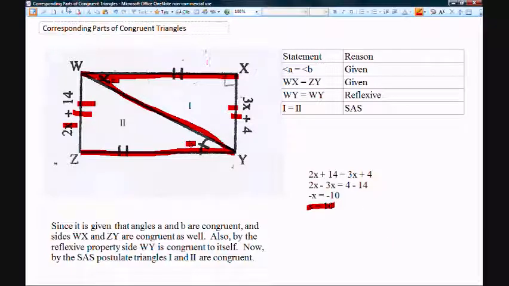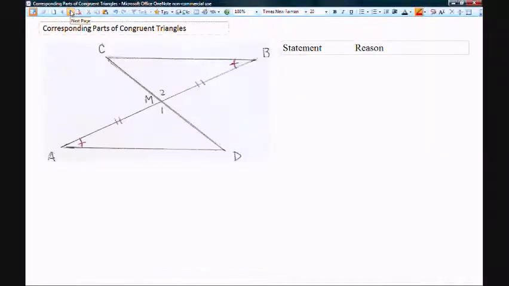Now let's move on to the examples in the textbook. On page 232, you have two examples. Example A gives you these triangles, and it states that angle A is congruent to angle B, and the side AM is congruent to side MB.